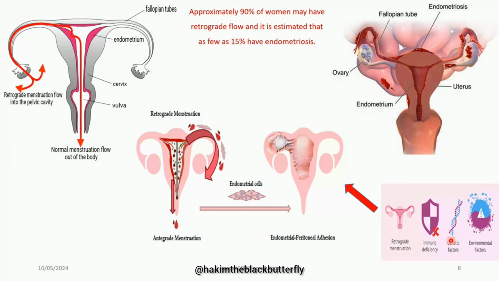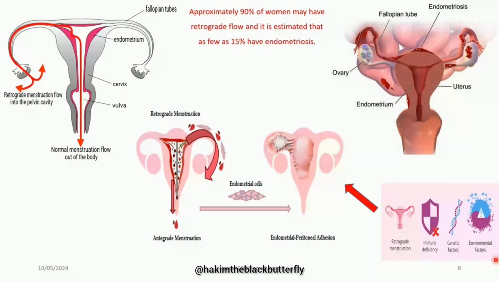Some studies show that endometriosis can run in families, so that's why I'm saying there is some genetic predisposition. Some environmental factors can also lead to endometriosis. If someone is exposed to chemicals like pesticides, those contain substances that can result in endometriosis.